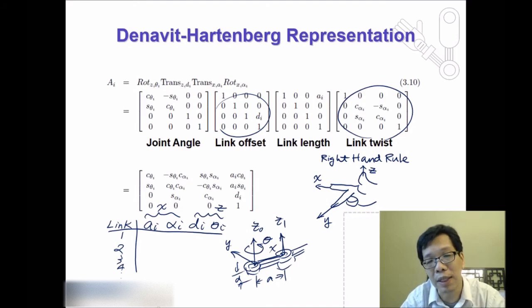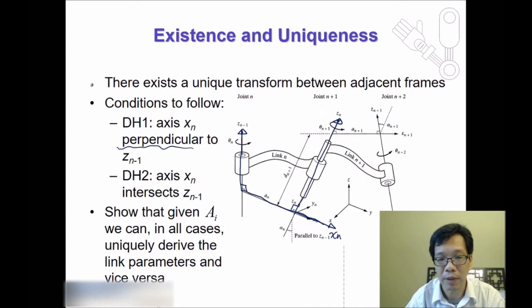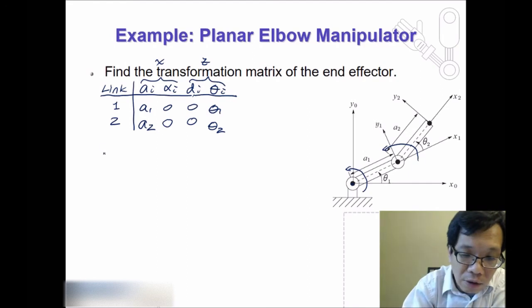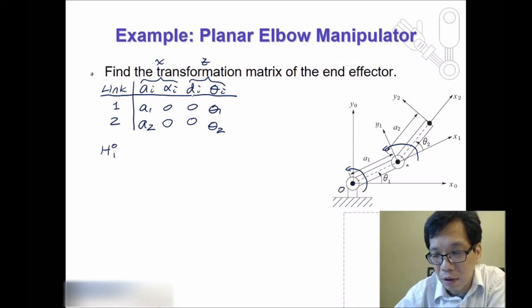So the important thing is if we can come up with the joint angle matrix and the link length matrix, then we'll be fine. So that's from the zeroth joint to the first joint.